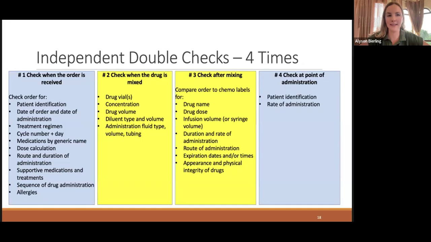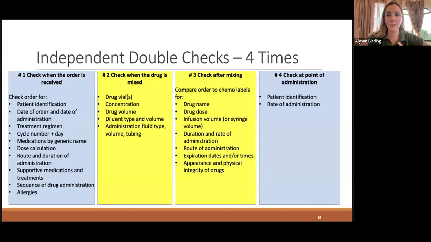Some might need to be mixed in 1,000 mils of normal saline. So we want to make sure that all of that is appropriate. The administration fluid type, volume, and then the tubing as well. So that happens at the point when the drug is drawn up.